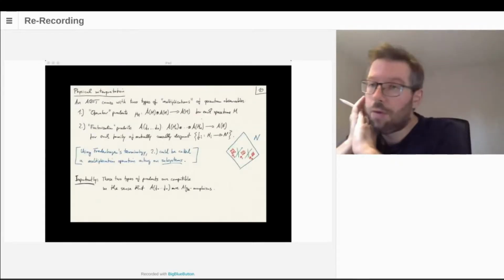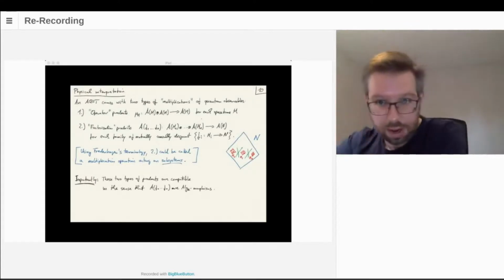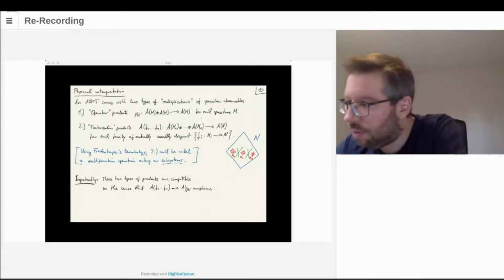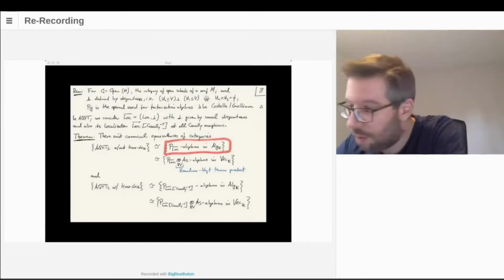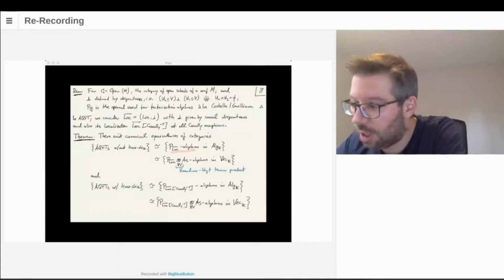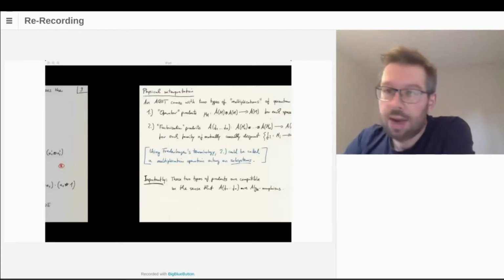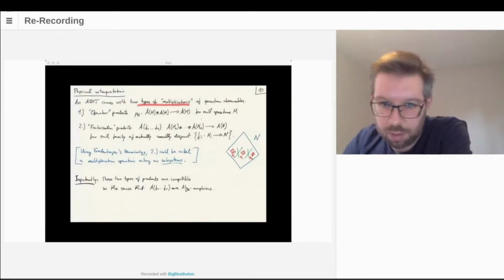Okay, let me say a few words about the physical interpretation of what I was saying before about this operadic perspective. So the physical interpretation of especially this point of view that AQFTs are P-Loc algebras, so prefactorization algebras with values in algebras. What that means is that an AQFT comes with two different types of multiplications of quantum observables.